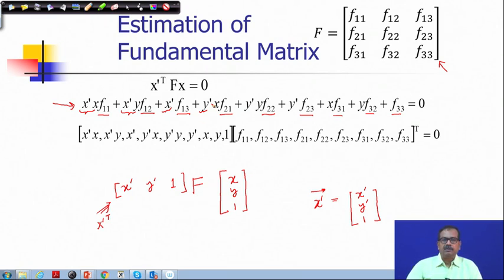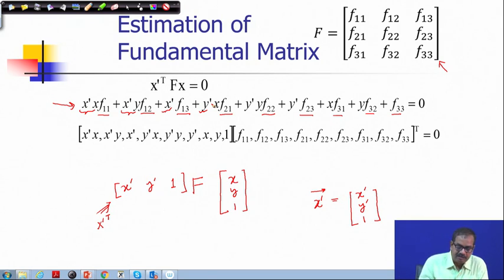We will discuss later, in the next topic, how we can compute these corresponding pairs, but for the time being, let us assume that these points are given. Maybe even through manual observation in a crude way, you can get a few such matching points. So these coordinates are given to you.